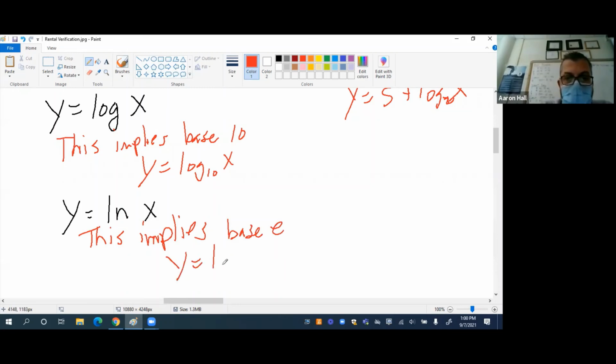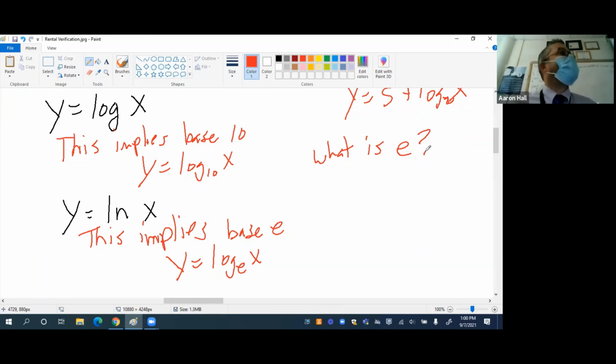So y equals log base e of x. What is e? Euler's number. Is it Euler or Euler? It's spelled Euler, but it's pronounced Euler.